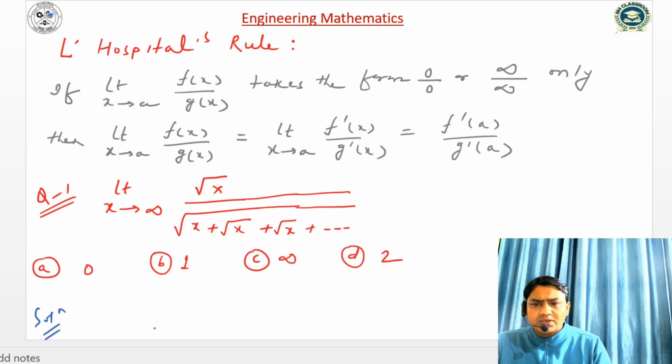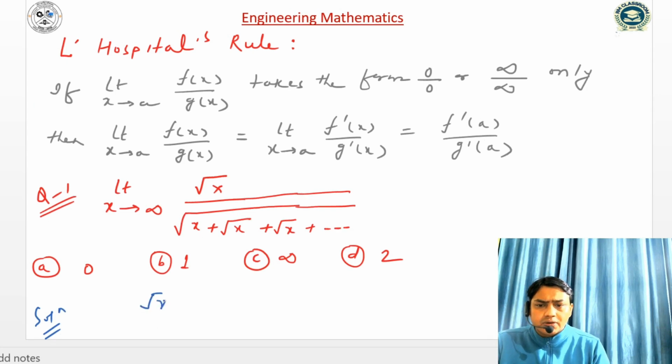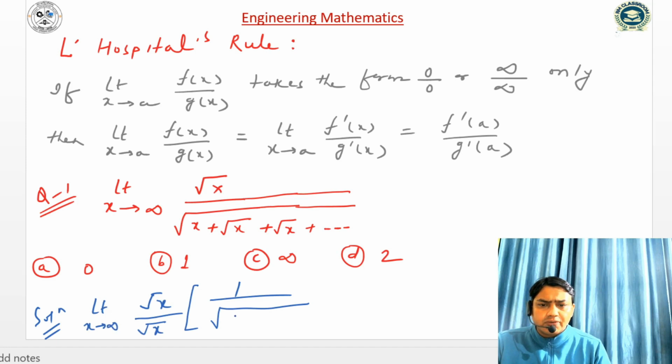If I solve this, I take root x common in the numerator, so it will be 1 plus, and in the denominator root x is also common, so it will be square root of, and of course limit x tends to infinity, so it will be 1 plus square root of 1 by x plus square root of 1 by x.